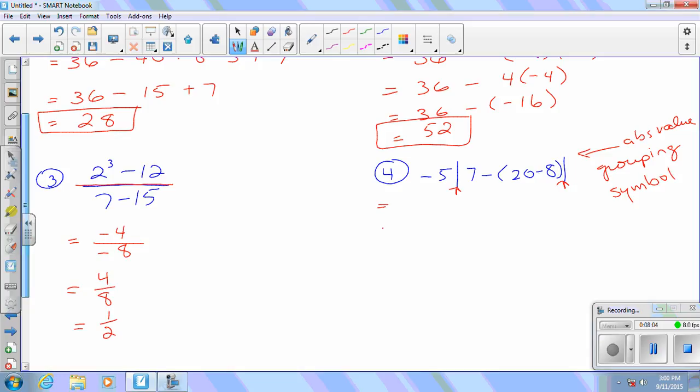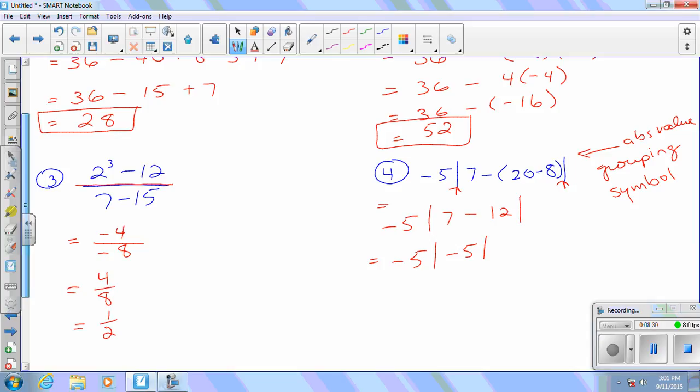So I've got -5 times the absolute value of, and within that grouping symbol now I have a set of parentheses, which is a grouping symbol again. So I've got 7 minus, and then 20 minus 8 is 12. Okay, so that equals -5 times the absolute value. 7 minus 12 is -5.